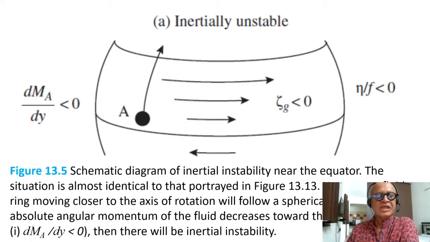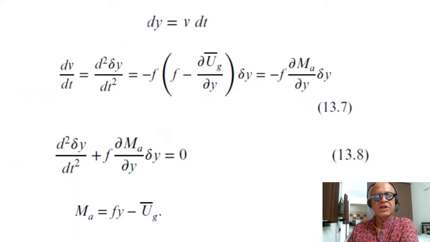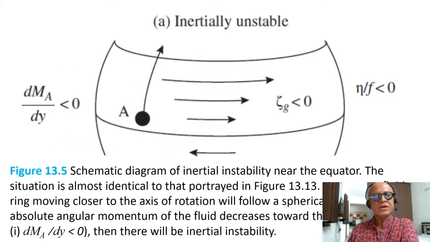Taking that equation, then you look for conditions where you get instabilities. So d m a dy is going to determine whether you are going to have an oscillation or a decaying solution or a stable solution, right?